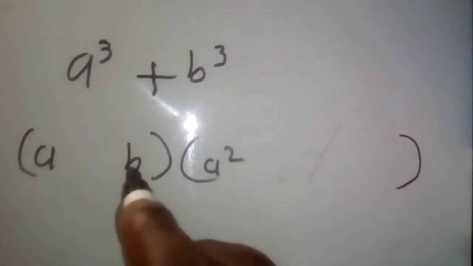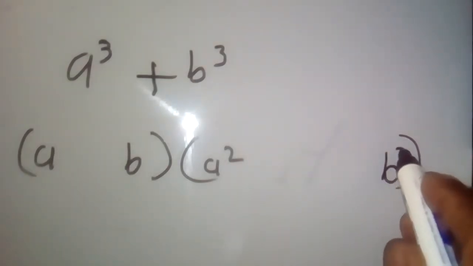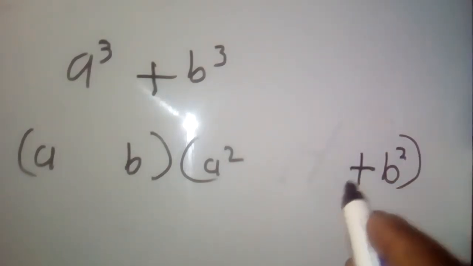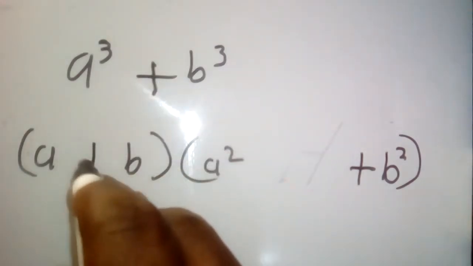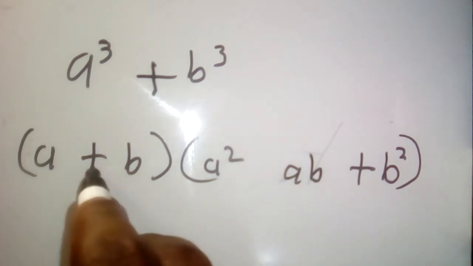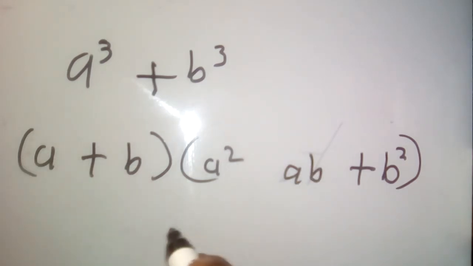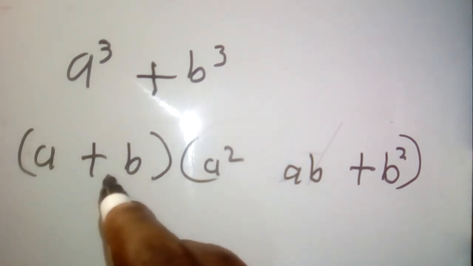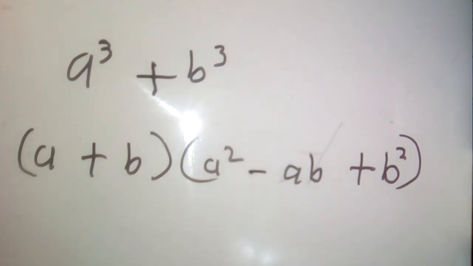And there, of course, if you square it, it's going to be b squared, and of course the last sign is always a plus. Then we just copy down the sign there, and a times b is ab, right? Ignoring the signs, a times b is ab, and the sign of this will always contradict that sign, so it's going to be a negative. And then we have factorized it.